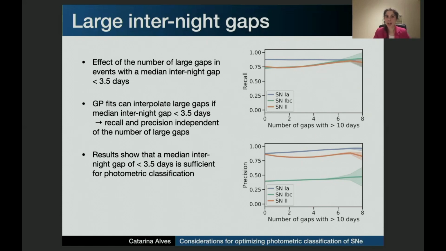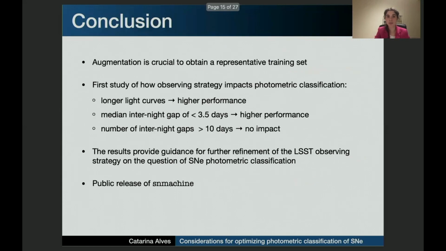And we find that the Gaussian process fits can interpolate these large gaps if the median internight gap is smaller than 3.5 days. So in the figures, we see that the recall and precision are broadly independent of the number of large gaps. These results show that a median internight gap smaller than 3.5 days is sufficient for photometric classification.